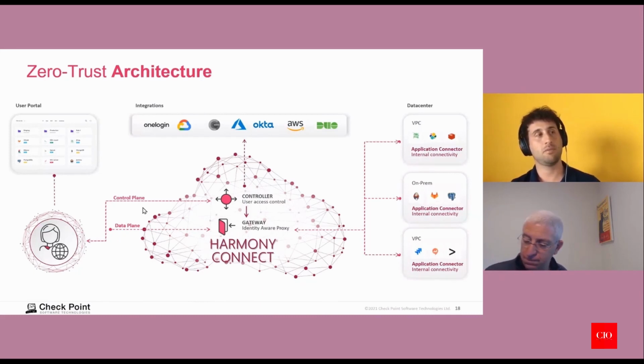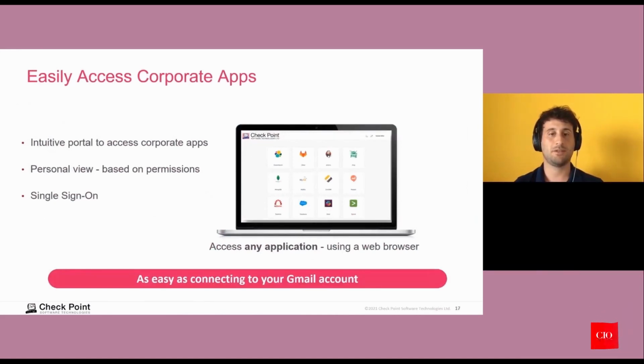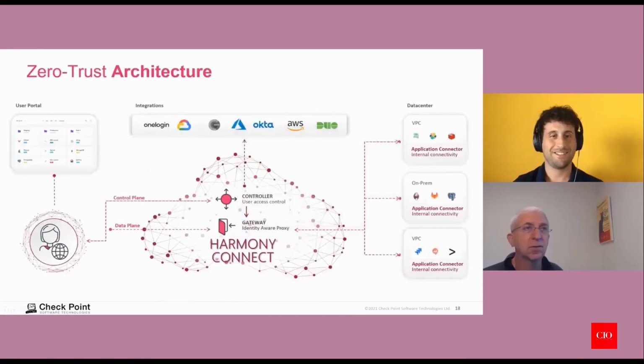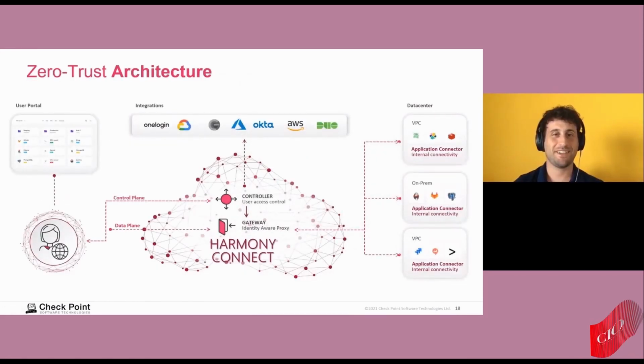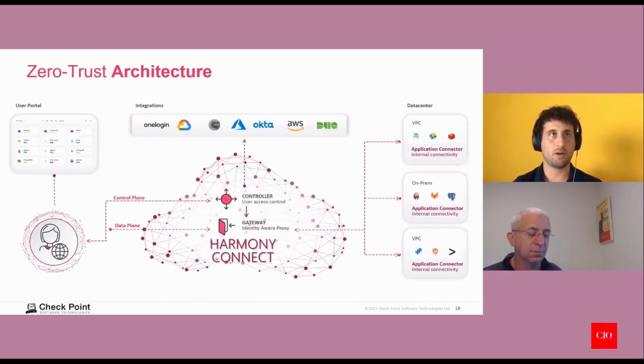And the Harmony Connect private access part is built out of two main components: the control plane and the data plane. Those two components are completely separated from each other for security reasons. This is part of the zero trust architecture, and there are a lot of different security mechanisms around there.